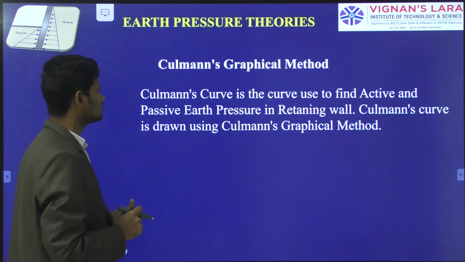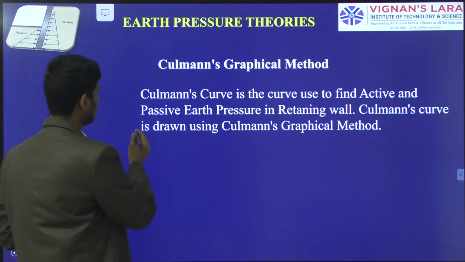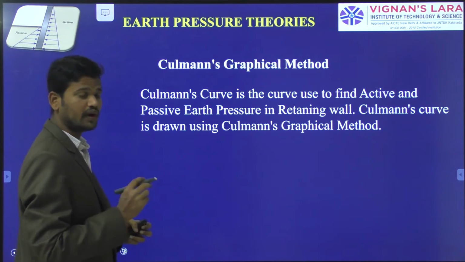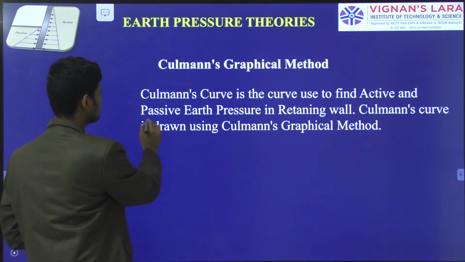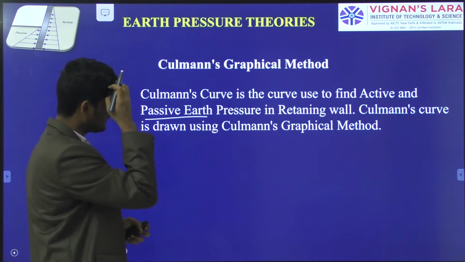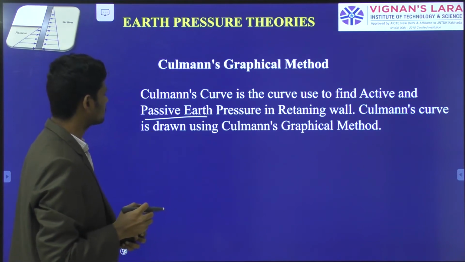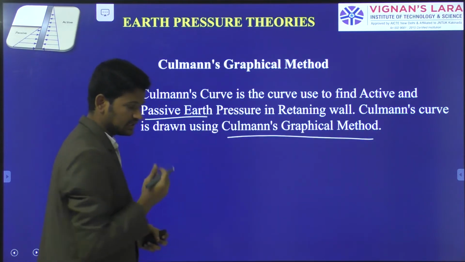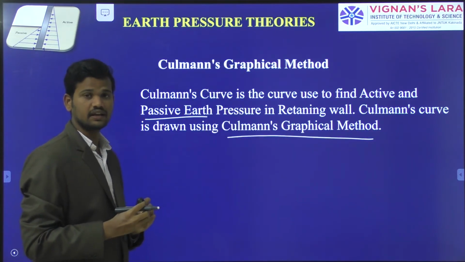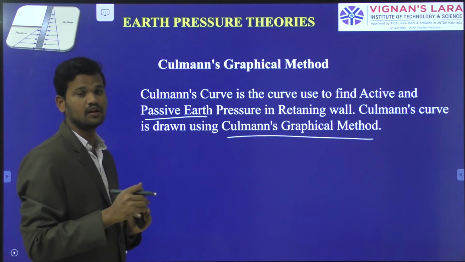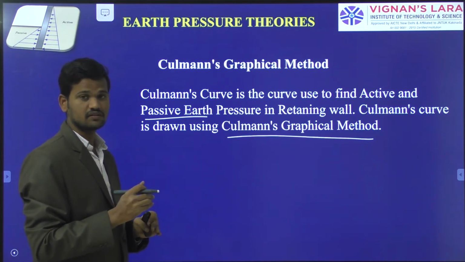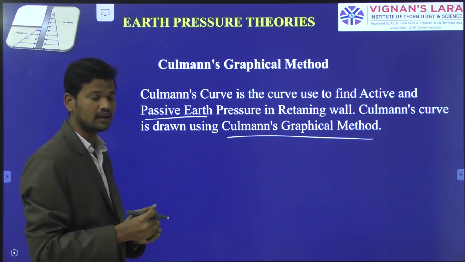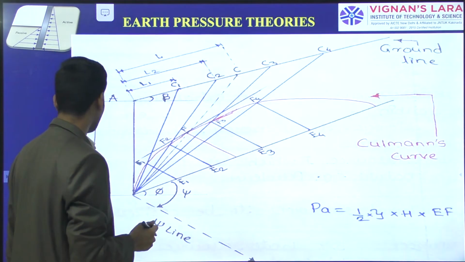Coming to Culman's graphical method, Culman's curve is the curve used to find the active earth pressure and passive earth pressure in retaining walls. Culman's curves are drawn using Culman's graphical method. There is a retaining wall, and the pressure acts on the wall based on various assumptions. Using the graphical method, we find the pressure acting on the wall.